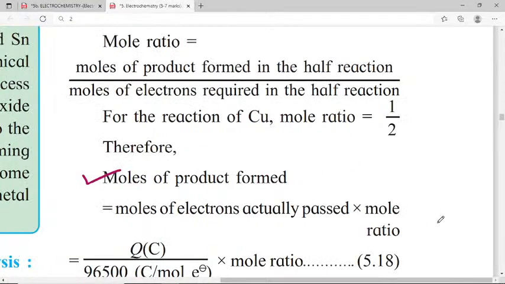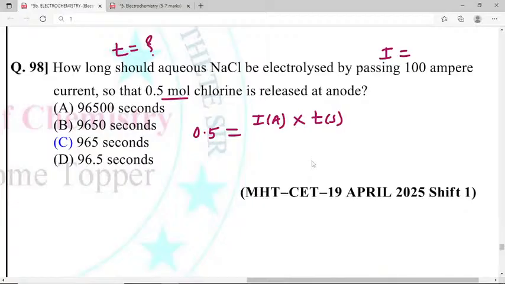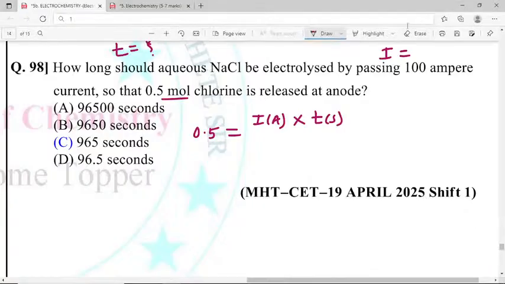I am using the formula: moles of product formed is equal to moles of electrons actually passed multiplied by mole ratio. So what is the time in seconds?